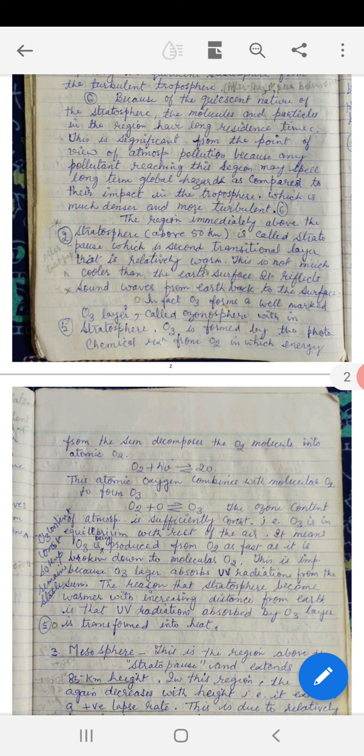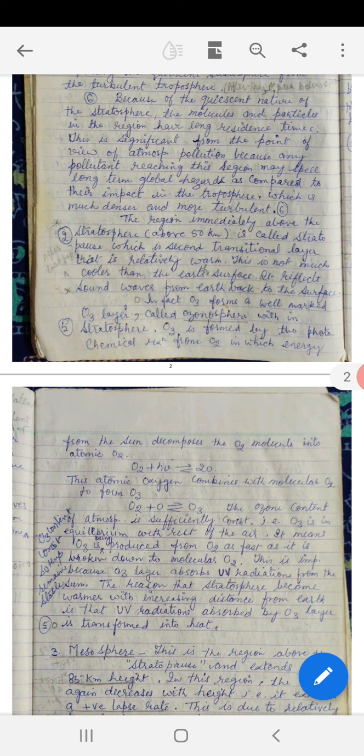This region is characterized by low pressure and low densities. The atmospheric gases present in this region, oxygen and nitric oxide, absorb solar radiations in the far ultraviolet region and undergo ionization. The far ultraviolet region has high energy and short wavelength.